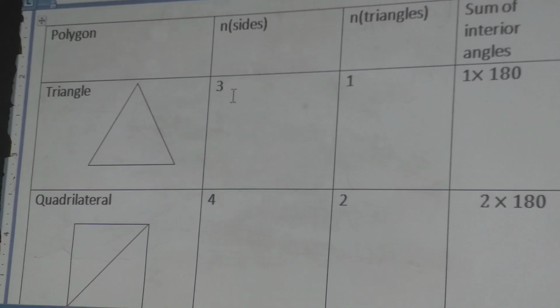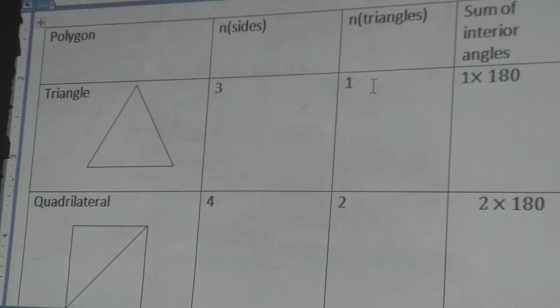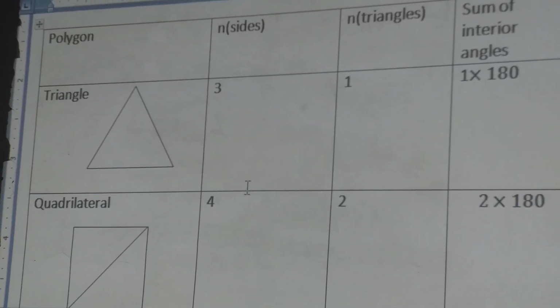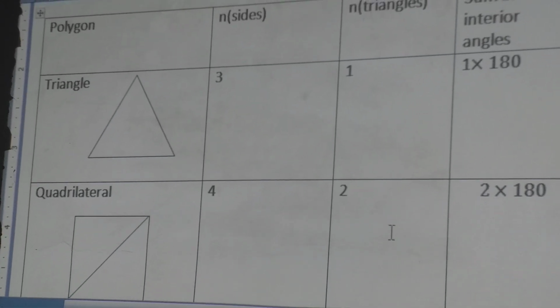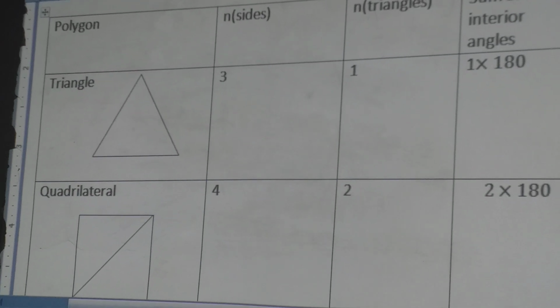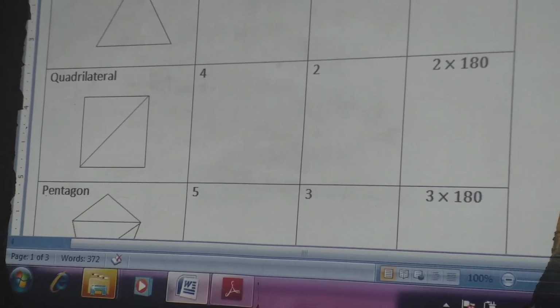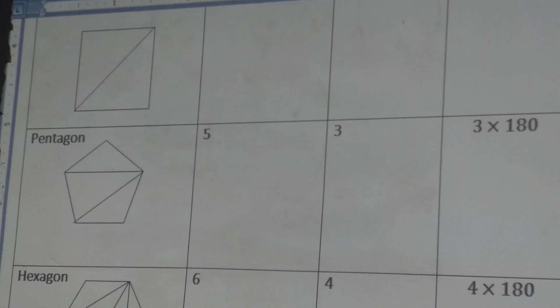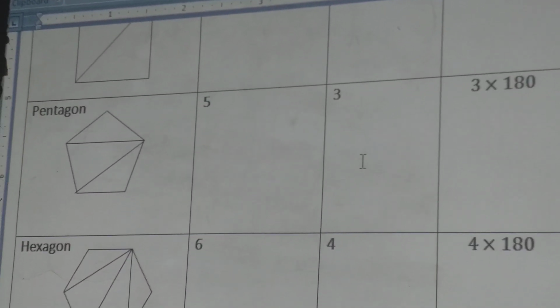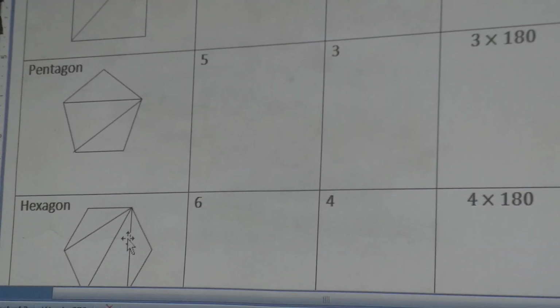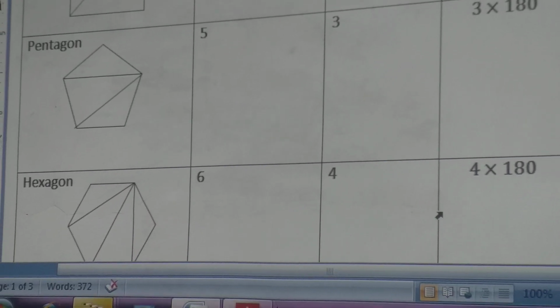When the number of sides is 3, the number of triangles is 1. When the number of sides is 4, there are 2 triangles. When the number of sides is 5, there are 3 triangles. When the number of sides is 6, there are 4 triangles.